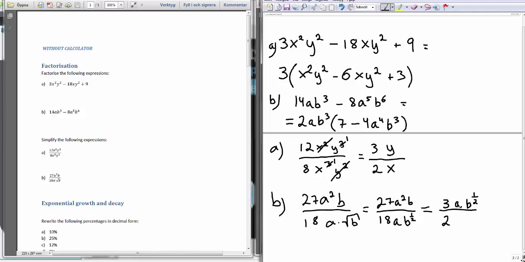We're going to write the base up here and the new exponent. So in this case, it was 2 minus 1 is 1. Here was actually 1 minus a half, which is a half. And then if we want to, we could rewrite this as 3a square root of b over 2.